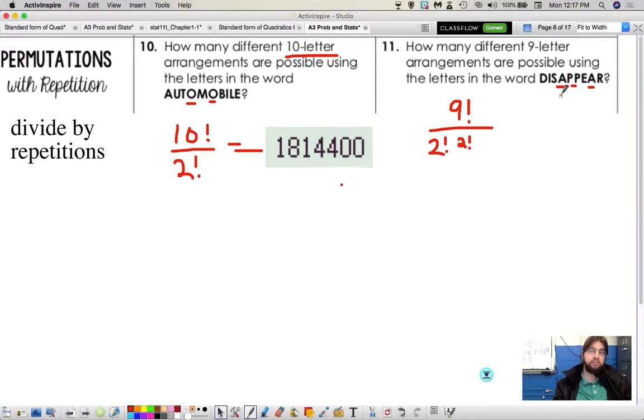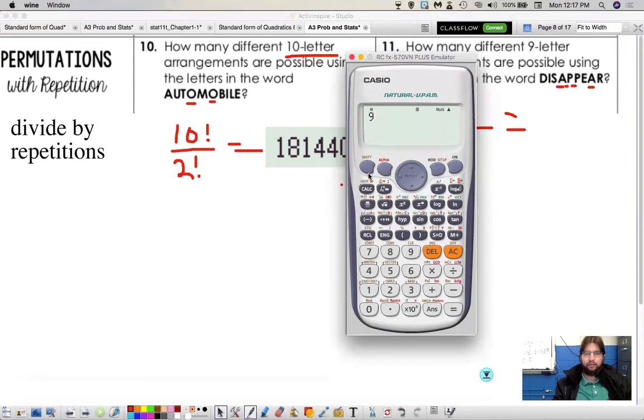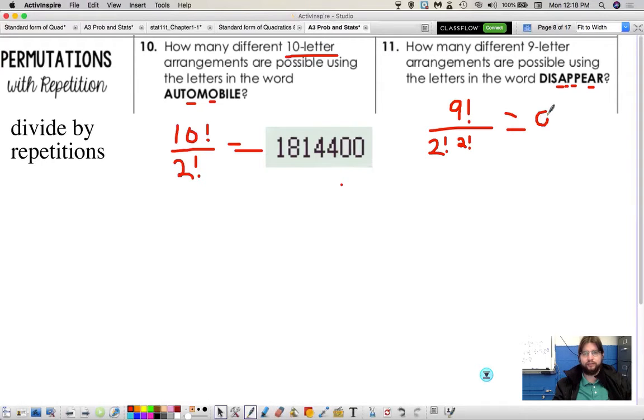If we had 3 of them, we do 3 factorial, how many ever repetitions we have. Because just taking out the different possibilities of that order. Okay. 9 factorial over 2 factorial times 2 factorial gives us 90,720.